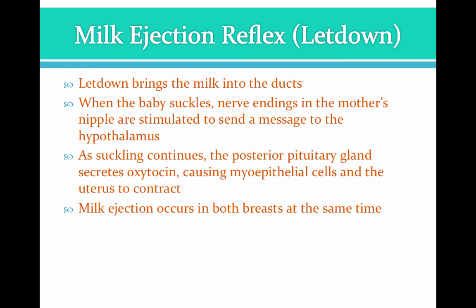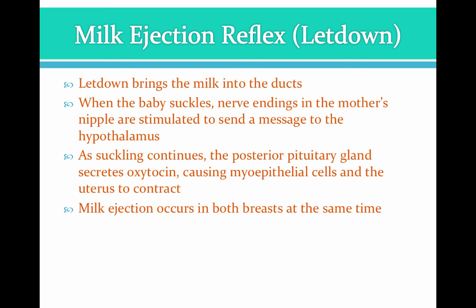When the baby suckles, nerve endings in the mother's nipple are stimulated to send a message to the hypothalamus, and the message goes to the anterior pituitary, lowers the prolactin inhibiting factor, and triggers prolactin release. And as suckling continues, the posterior pituitary gland secretes oxytocin, causing the myoepithelial cells and the uterus to contract.